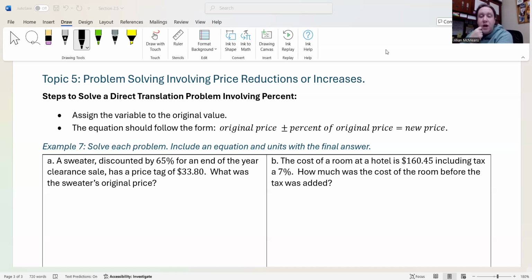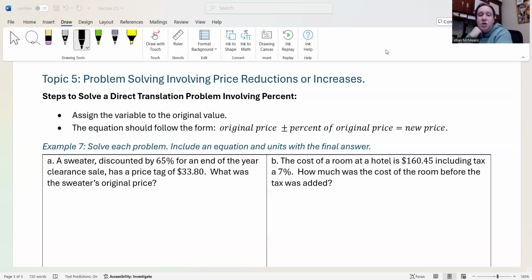The equation should follow the form: the original value or the original price, plus or minus some percent of the original price. Now that plus or minus symbol, you'll see it in different ways. In this case, I just mean you're either going to do plus or you're separately going to do minus. And it all depends on if you're dealing with some kind of reduction, like a discount, or some kind of increase, like a markup in price.